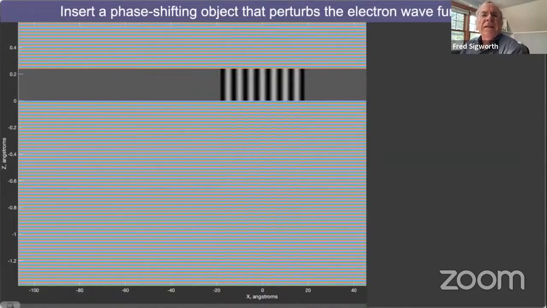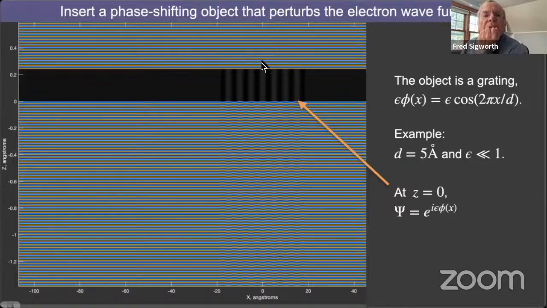Now, if we insert a phase shifting object that slightly perturbs the phase, then the electrons come in as nice plane waves, and they come out a little bit wiggly. Mathematically, my object is going to be a grating.